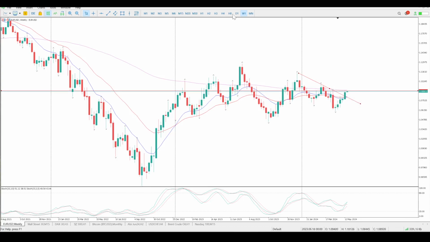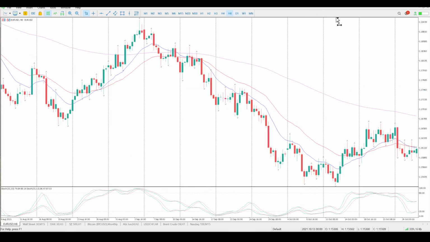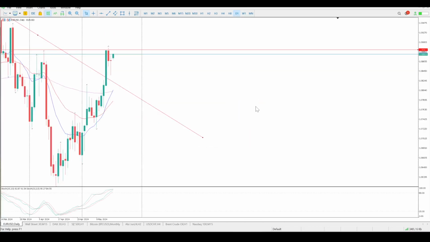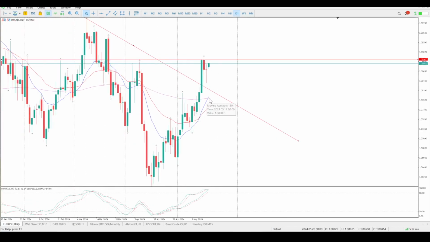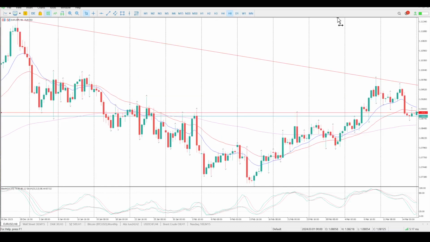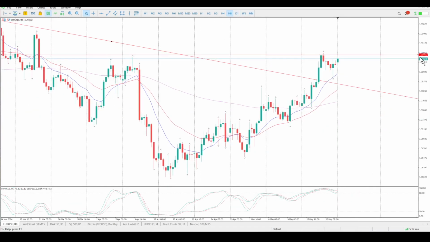So we are stuck between the moving averages on the weekly, but when you look at it on the daily, we've got a crossover, and we're starting to cross over the 150, and you can see how important the 150 is on the daily as well. So this for me at the moment is looking very, very bullish.